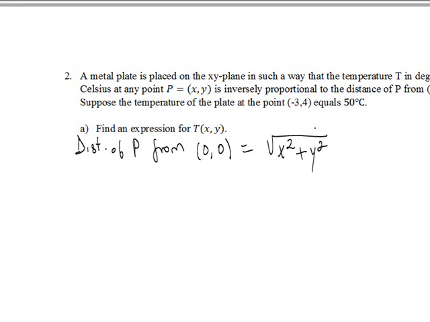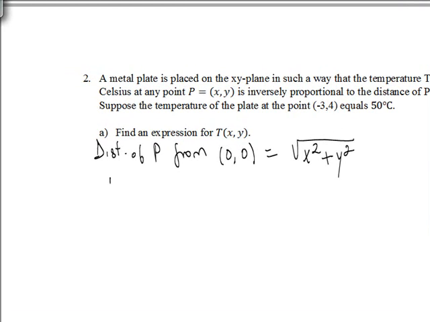All right, now let us go back to your college algebra to find the expression for T. You were told that T is inversely proportional to the distance. If you remember inverse proportion, T is equal to k, the constant, over the distance.